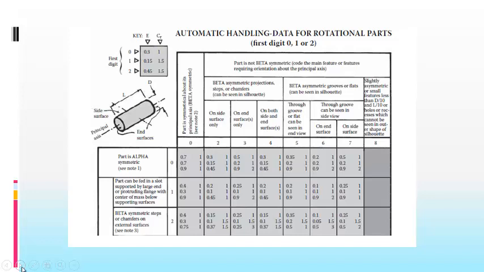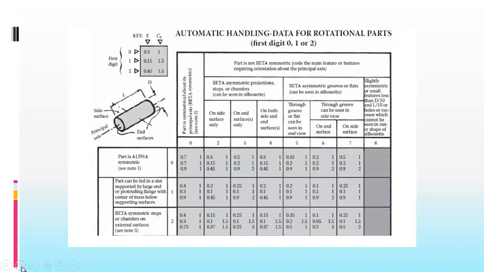If the part is not beta symmetric, you find the second digit, which may be beta asymmetric, projection, steps and so on. Then after that he divided it by side surface, end surface and so on. If you want to understand this table, you need some time.